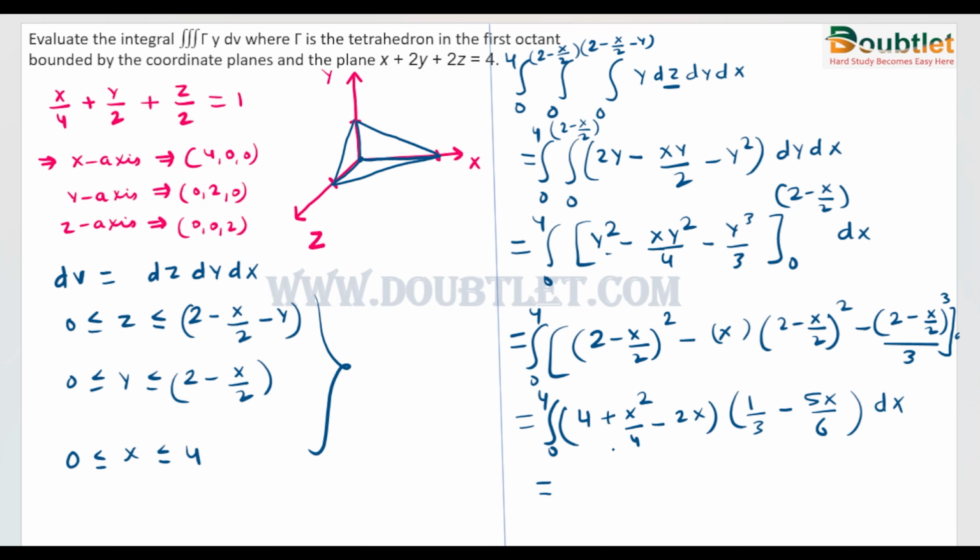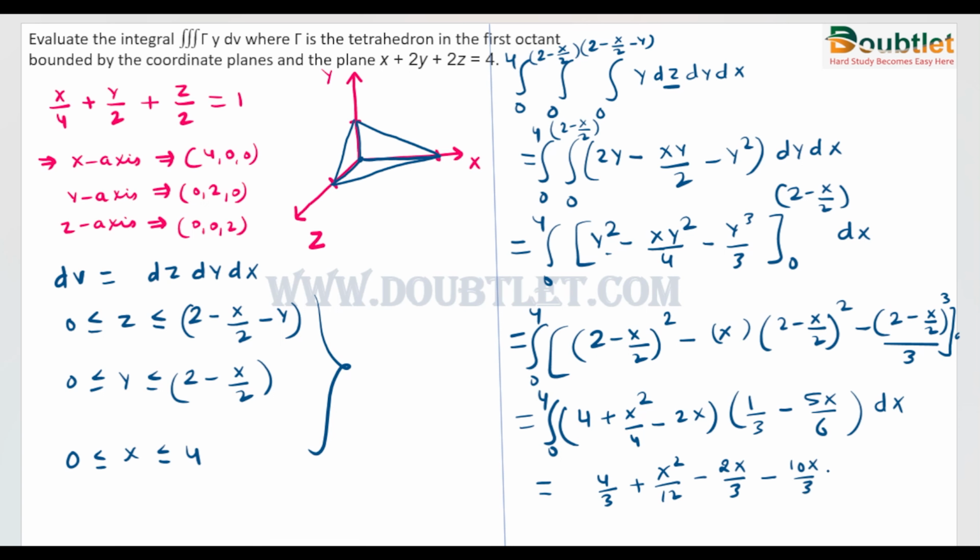So now it will become 4 divided by 3, it will become x square divided by 12, it will become 2x divided by 3, it will become 10x divided by 3.